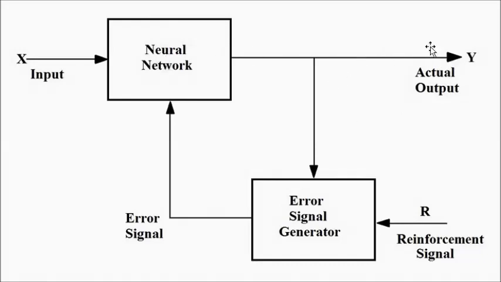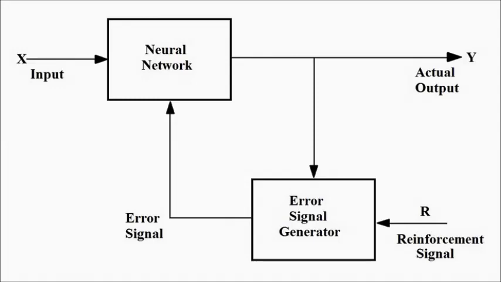Then that produced output is fed to the error signal generator, to which this reinforcement signal or the reference signal is given. So it is compared in the error signal generator. The error signal is fed to the neural network as feedback to make some changes in the architecture or weights, and then in steps it produces the desired output which is close to the reinforcement signal.